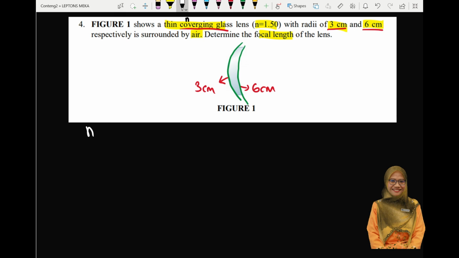You have the refractive index of the glass 1.50, and you have the radius 3 cm, and the other one is 6 cm. And this is placed in the air, 1.00.